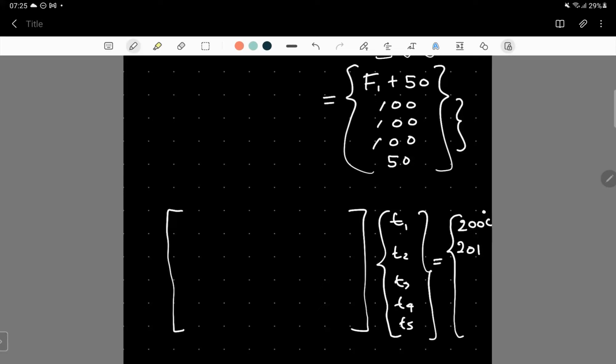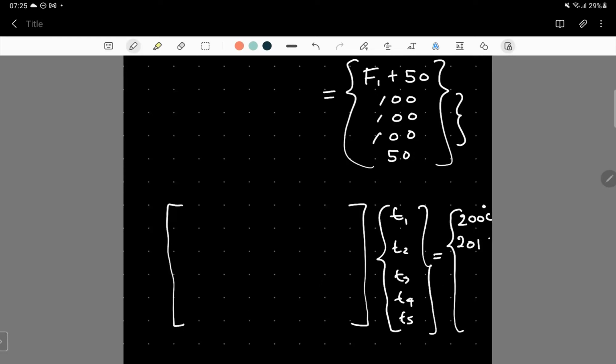The second term would be 201. From the third term onwards, we divide by 100, and you get 1, 1, and 0.5. So this is the common factor, because of which we had divided by 100.